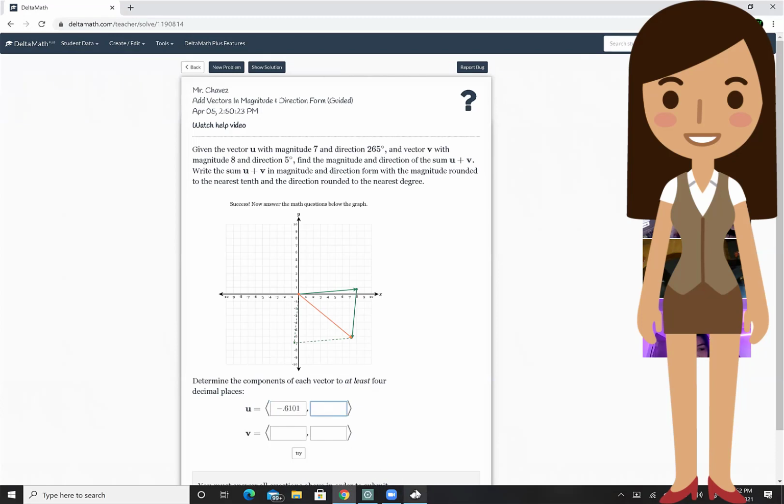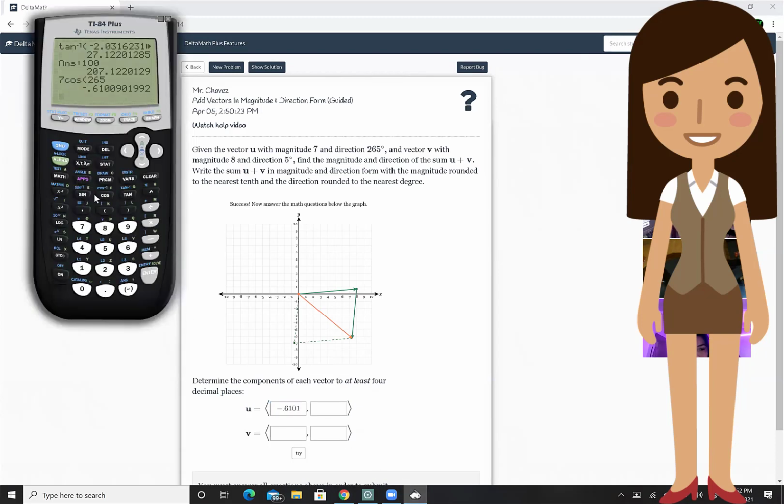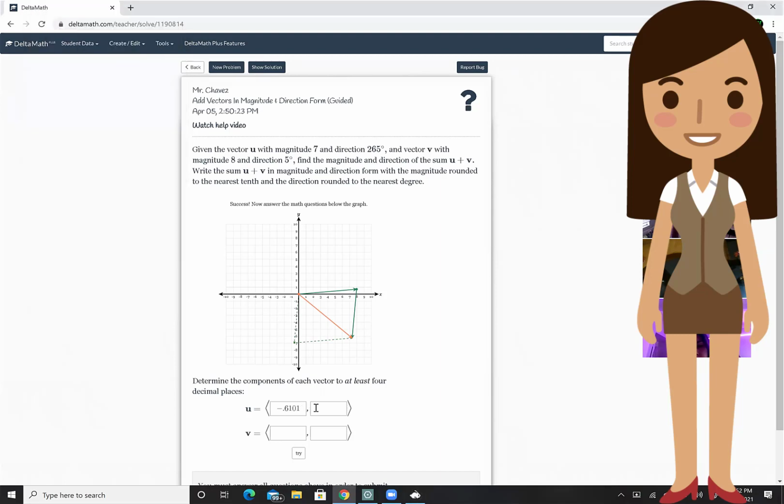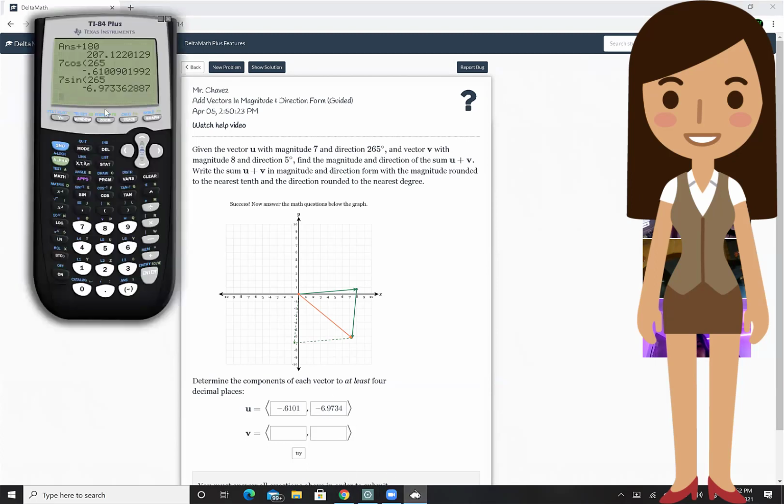And then for the y, I'm going to write 7 sine 265. Enter. Negative 6.9734. So there it is, guys. Negative 6.9734. I think that's correct.